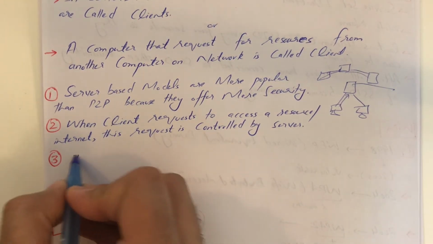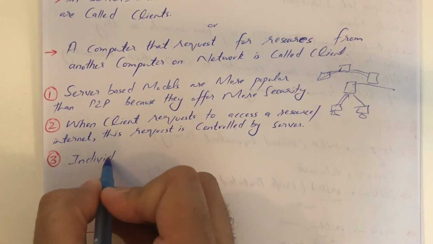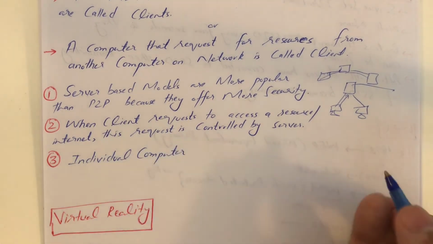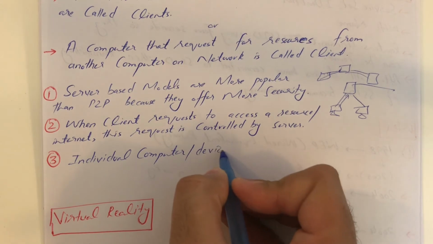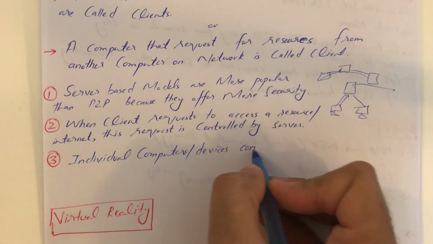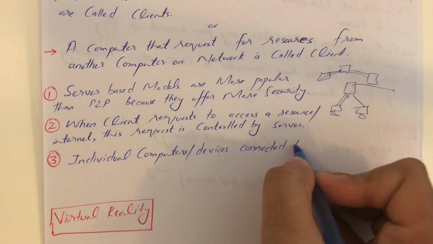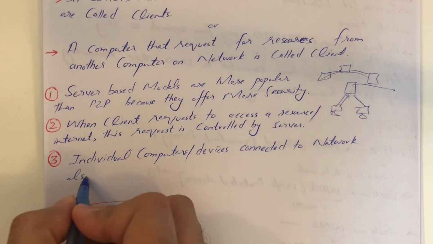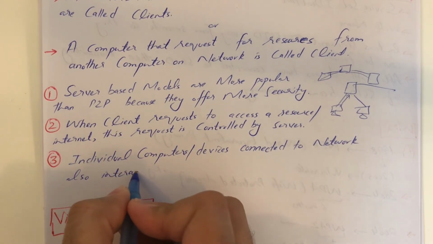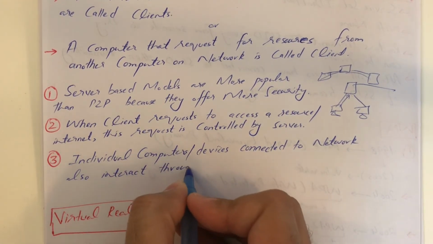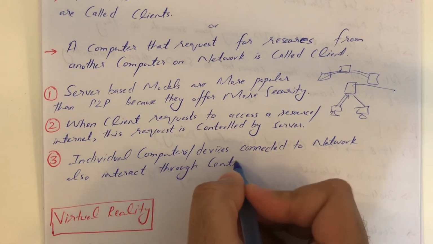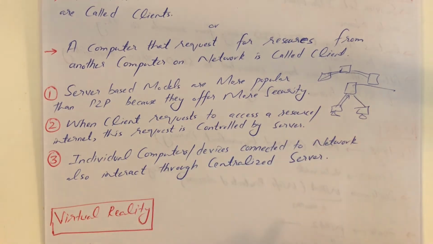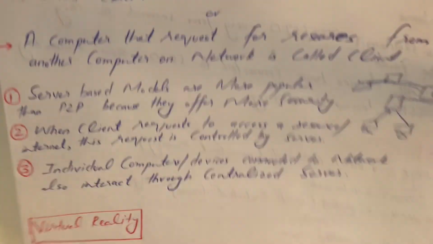So individual computers or devices connected to the network also interact through a centralized server. So the server basically makes them communicate with each other.